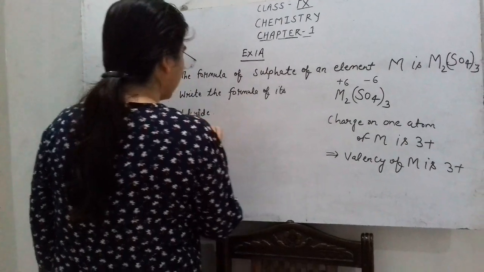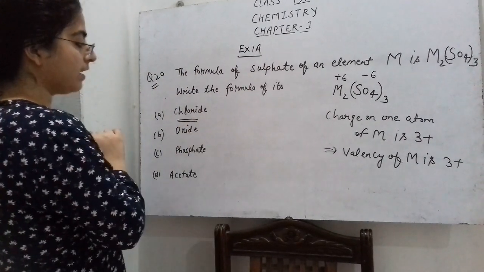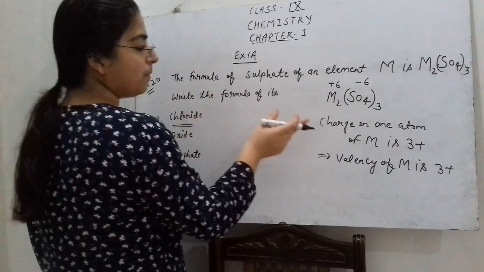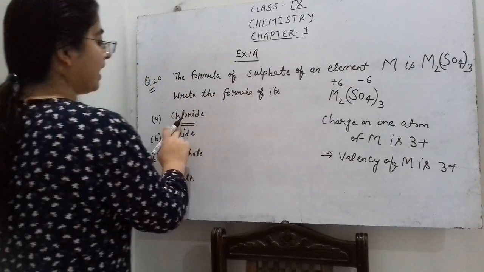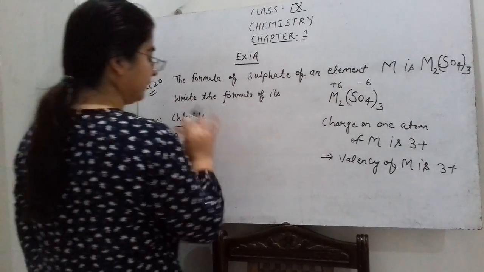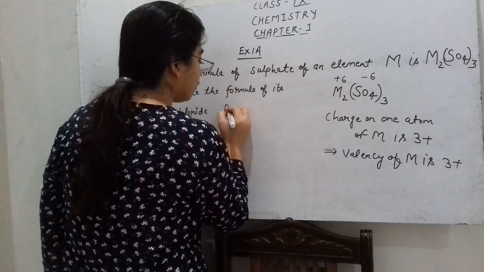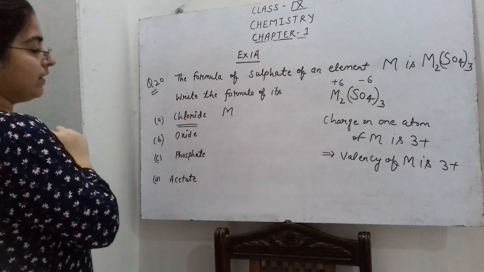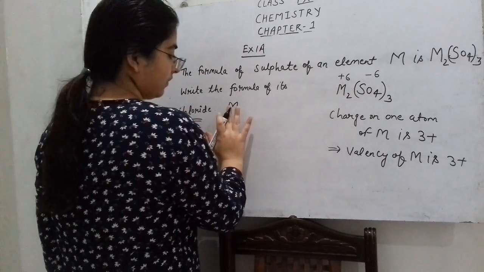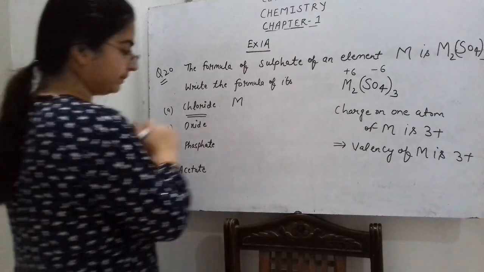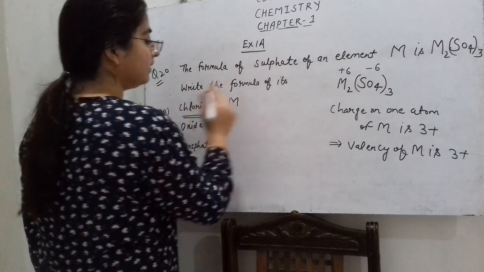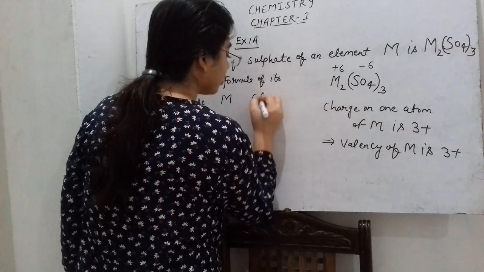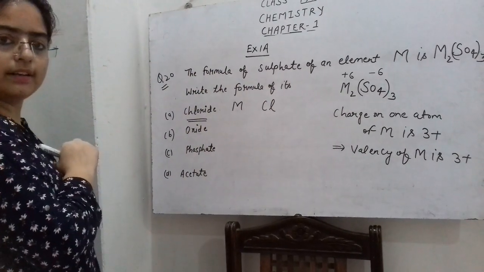Now in order to find the formula of the compound formed by the combination of the element M and chloride radical, first of all we will write the symbol of the element M, and we know that the symbol of chlorine is Cl.